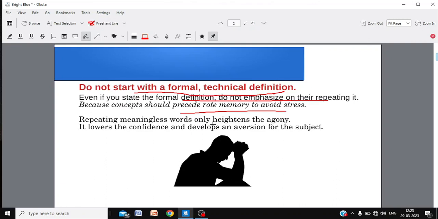Repeating meaningless words only heightens the agony. You make the child more depressed because the child doesn't know what he is repeating. It only creates an aversion. So do not start with any formal technical definition, which is going to be absolutely nonsense for the child.